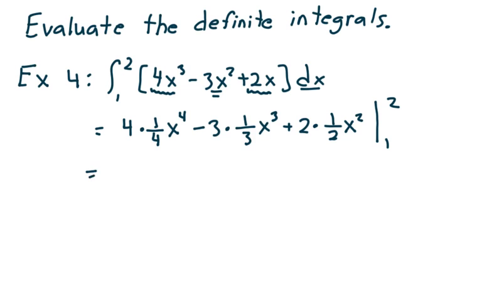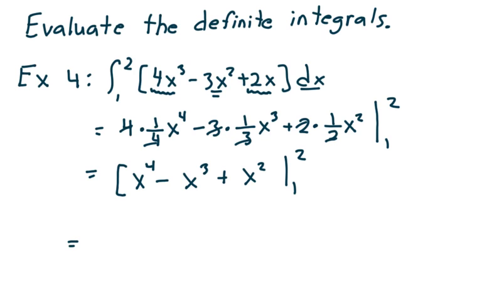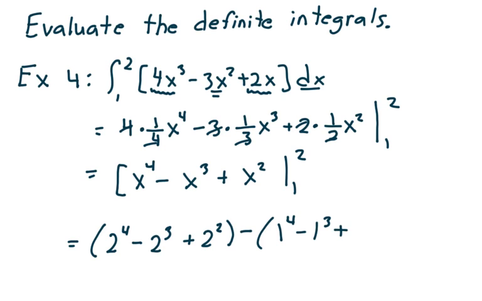Now, the 4's cancel, and you get x to the 4th minus the 3's cancel, we get minus x cubed. The 2's cancel, we get plus x squared from 1 to 2. So I'm going to pop the 2 in, pop the 1 in, and subtract. So I get 2 to the 4th minus 2 to the 3rd plus 2 to the 2nd minus 1 to the 4th minus 1 to the 3rd plus 1 to the 2nd.